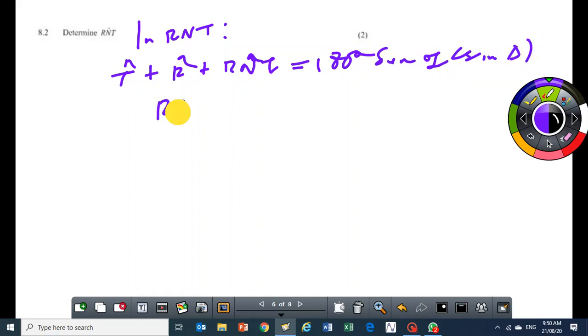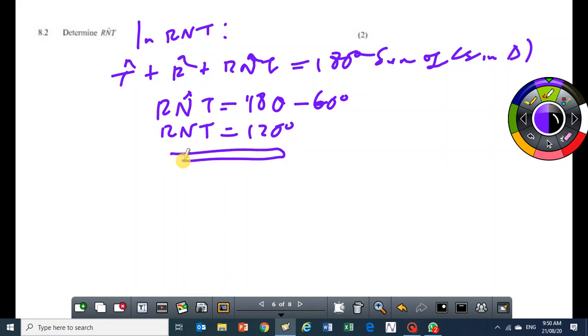So we get our RNT as 180 minus 60 degrees, that will give you 120. Okay, so that's step 4.